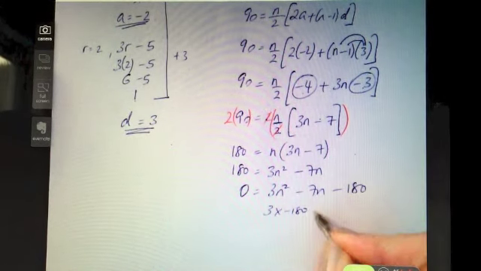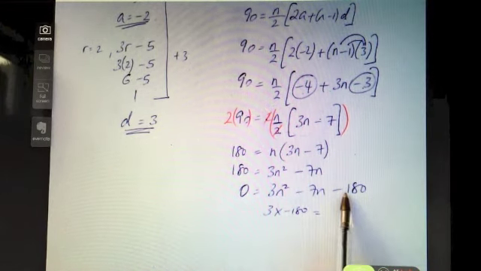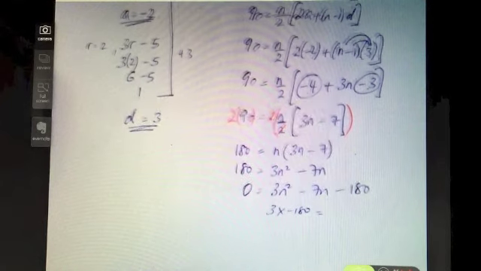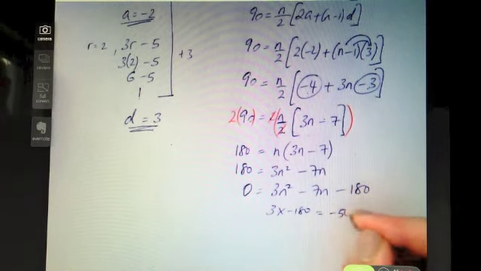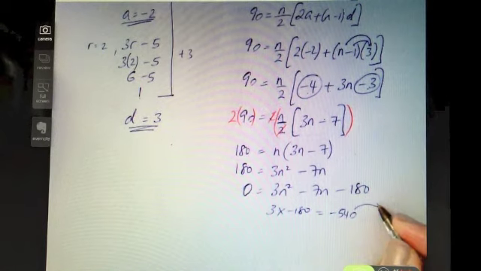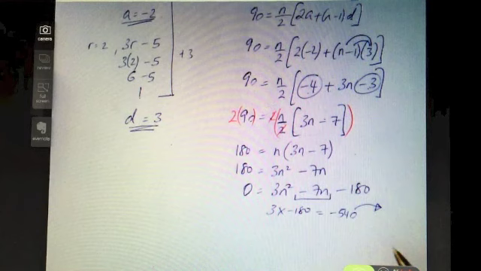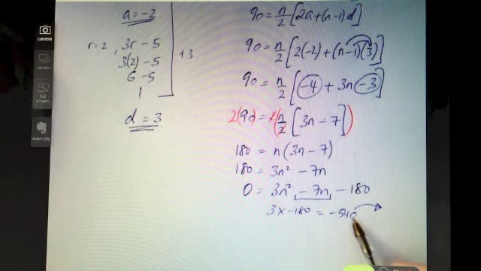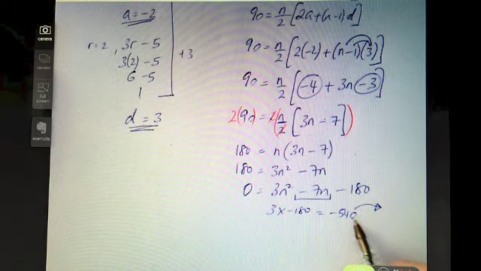I always do the 4-step method for factorizing. So my first step is multiplying the first term by the last term, and 3 times minus 180 gives me minus 540. Then I need to find factors of minus 540 that would add together to give me minus 7n. Now, if this is quite large, you've always got the option of solving this quadratic with the minus b formula, or work out your factors.